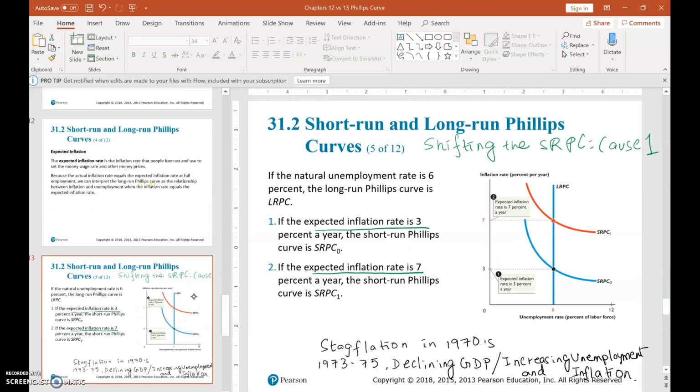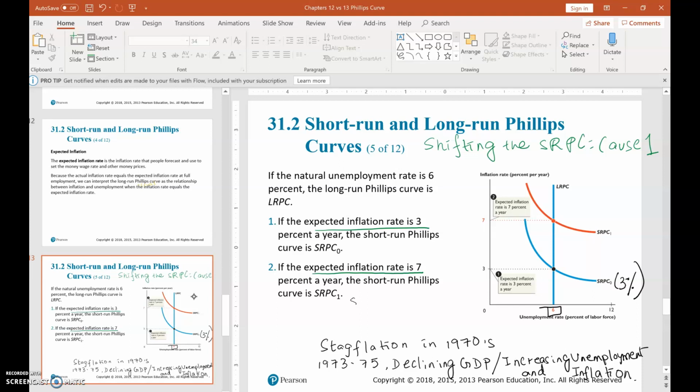Now take a look at this graph here. I have the short-run Phillips curve and the long-run Phillips curve. Each of them are intersecting each other. The natural rate of unemployment is 6%. And each short-run Phillips curve is associated with an expected rate of inflation.